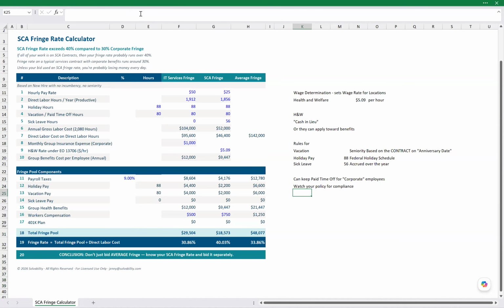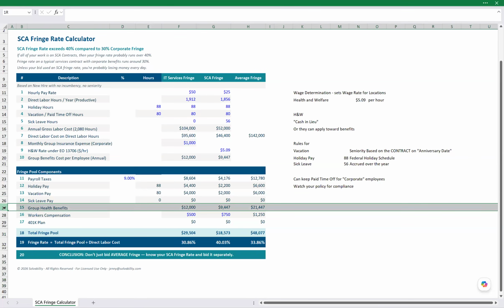Okay, so back to the math, if that's okay. Yes, please. We started down here and we were talking about payroll taxes. Now we've mentioned holiday pay, vacation pay, sick leave pay, and the group benefits, workers' comp, and 401k plan.